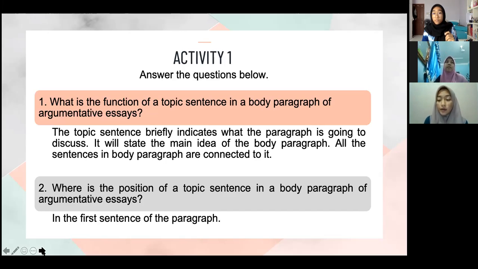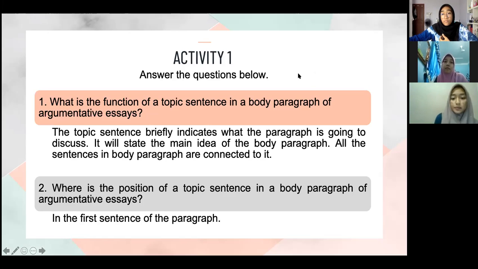When readers read the topic sentence, they will know what the paragraph is going to discuss. It also states the main idea of the body paragraph, and all the sentences in the body paragraph are connected to it.